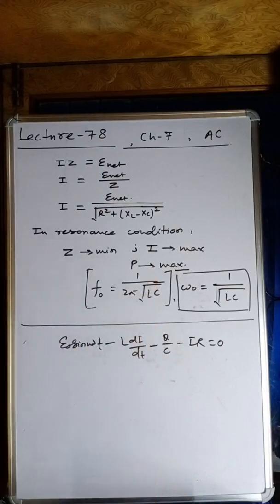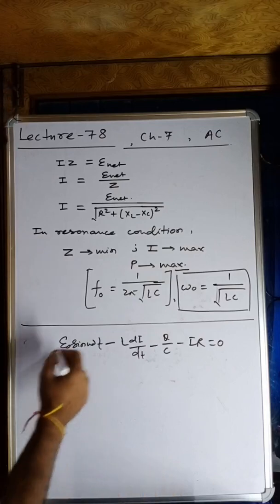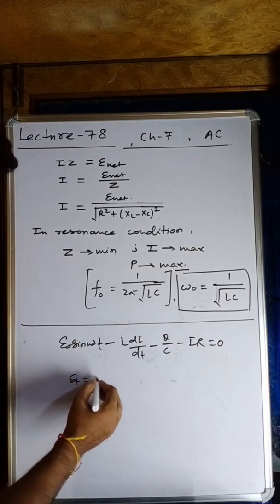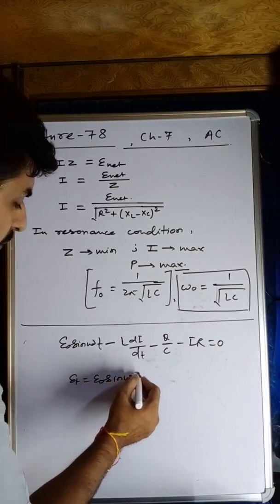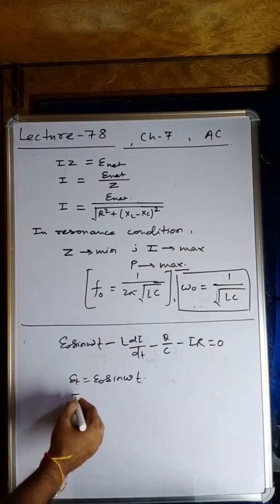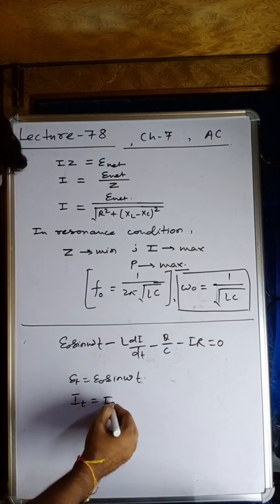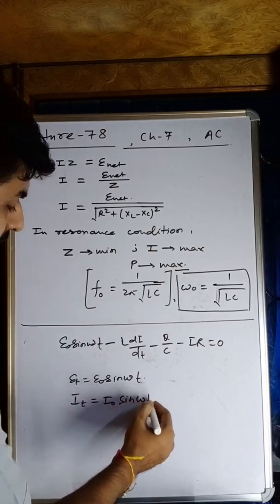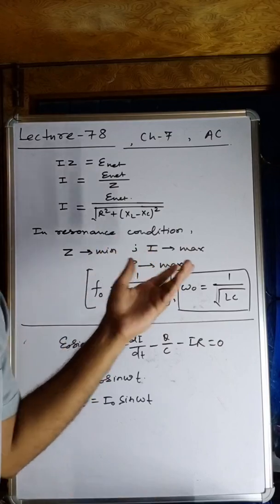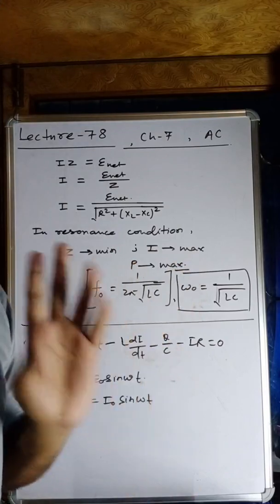What we have as the input EMF for this particular equation: the input EMF E(t) is E naught sine omega t. Remember. Now what we got as output current from this equation by applying this EMF: I(t) as I naught sine omega t, but we know that the current and voltage have some phase difference as well.